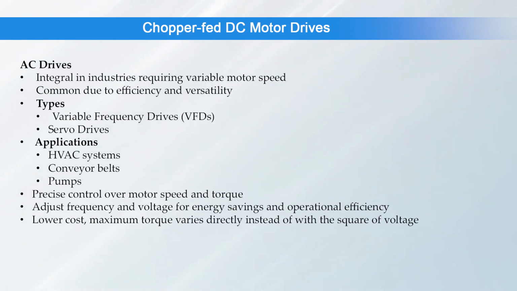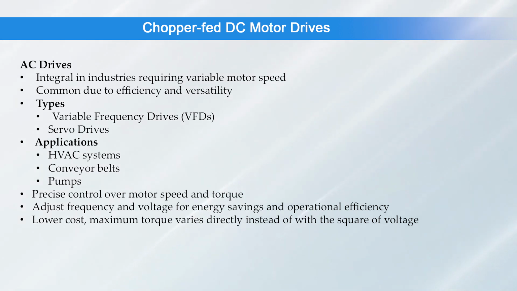Now moving on to AC drives. These drives are integral in industries where motor speed needs to be varied. AC drives are more commonly used in modern applications due to their efficiency and versatility. The most common types are variable frequency drives, VFDs, and servo drives.